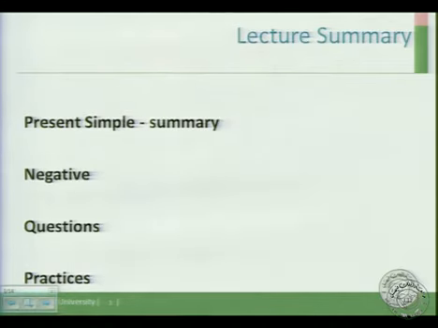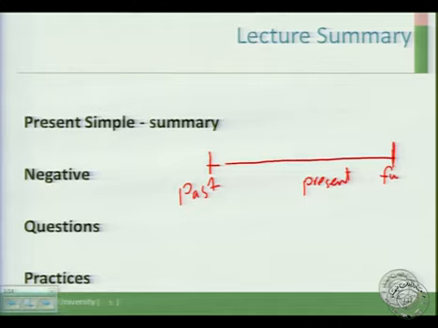So if we have here, for example, this is what is called a timeline. This is the timeline. And if we say this is the past, and this is present, and this is future, so let's say this is the present.